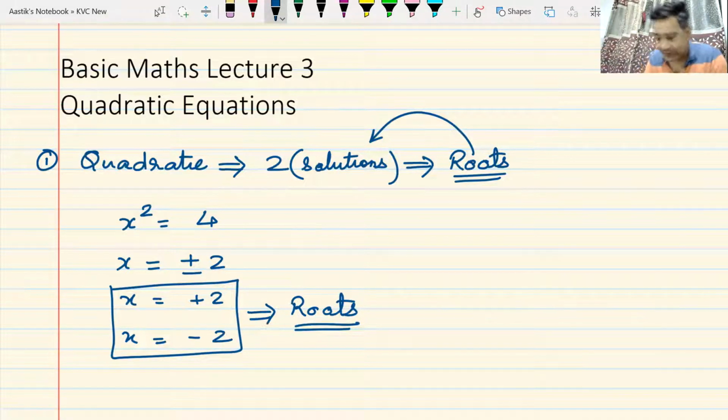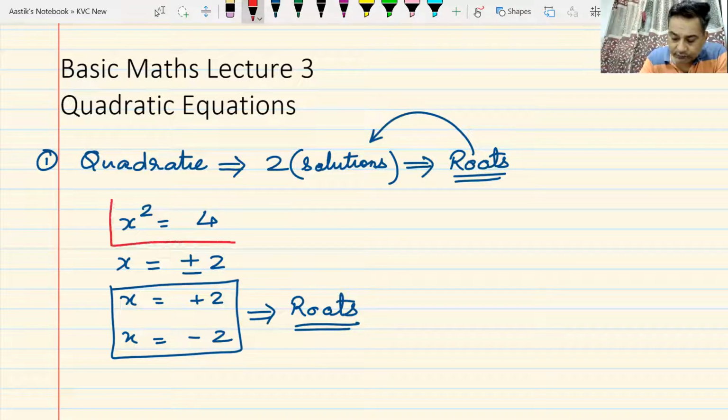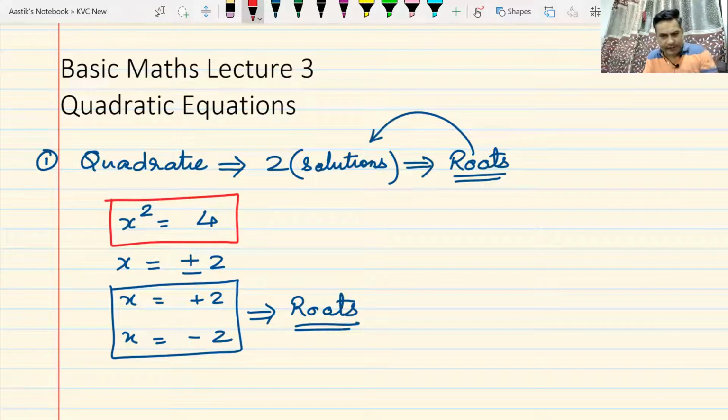Roots of a quadratic equation is nothing but the solutions, or the values of x, that we get by solving this equation. The equations that we saw yesterday were quite simple: x square is equal to 4 or x square is equal to 9. These are pretty straightforward and they don't require much of a different understanding.